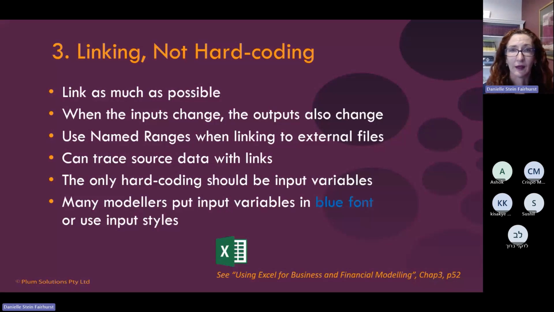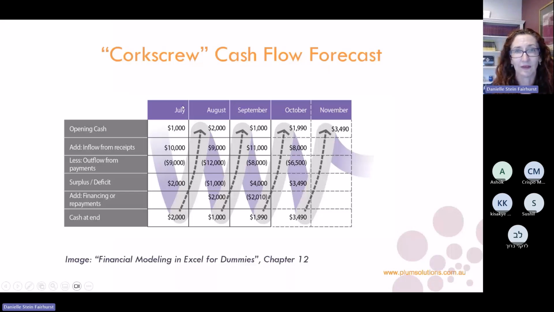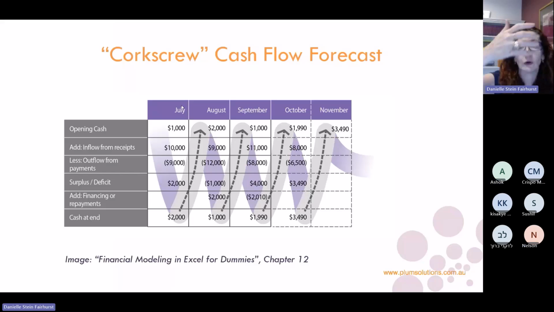Just as another example, there is a corkscrew cash flow. One of the financial statements that you might build as part of your financial model is a cash flow, and a lot of our models are corkscrew. So you have your opening, you have your closing, you have your opening, and you have your closing. This would link down to here, and then that would form your opening balance.